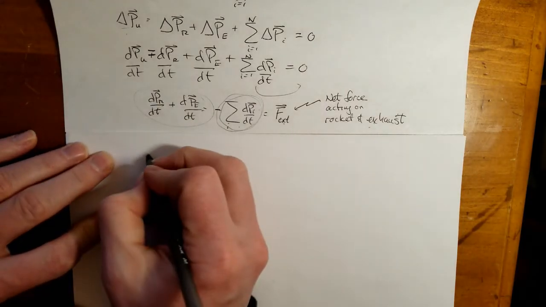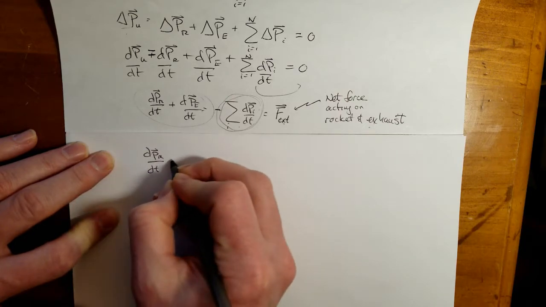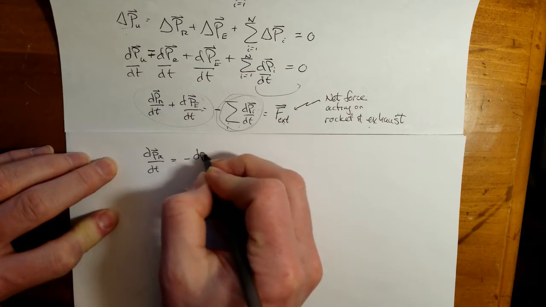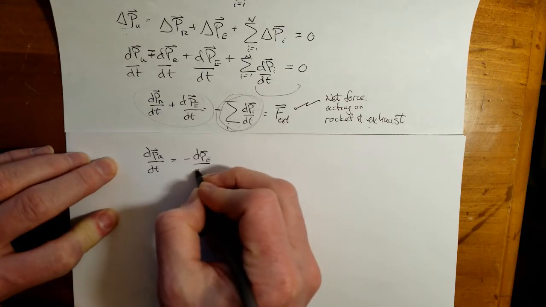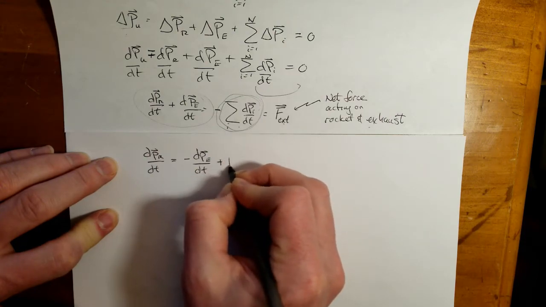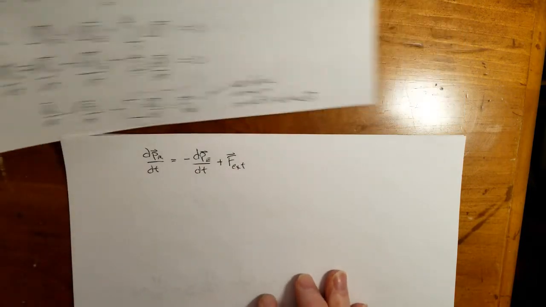Taking this right here, we have the momentum of the rocket with respect to time equals, I'm just going to subtract that from both sides, the negative change in the momentum of the exhaust with respect to time plus the external force acting on our rocket exhaust system.